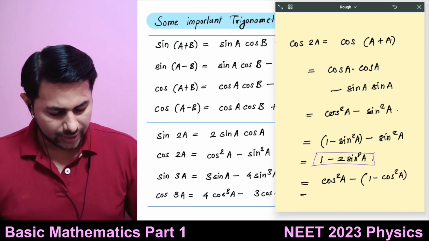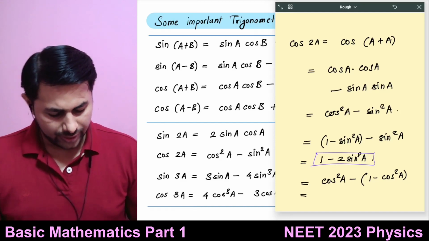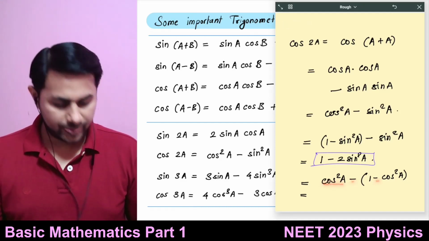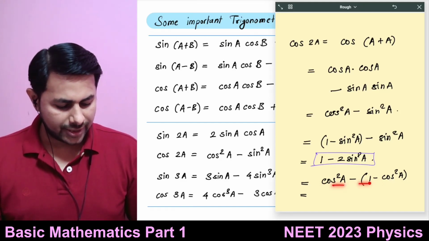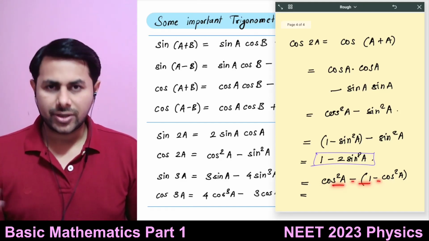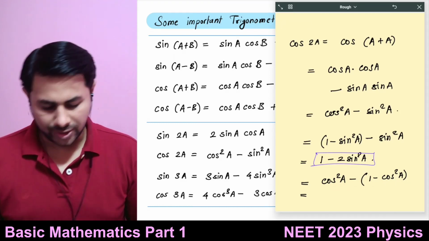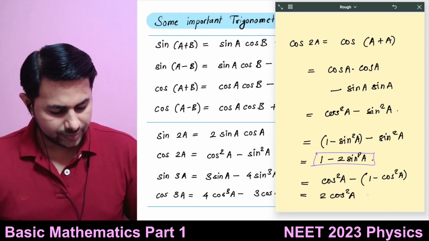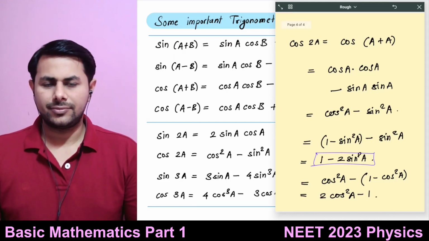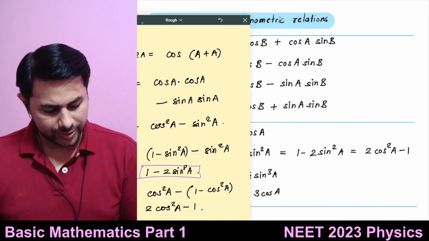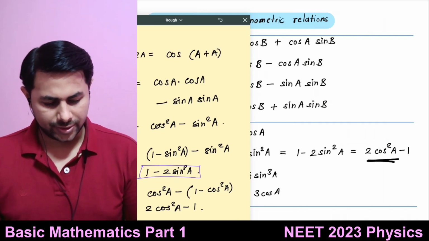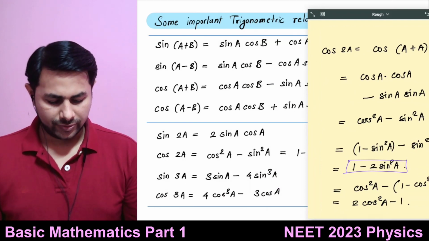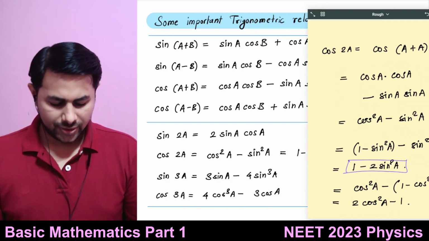That is cos square a, and minus minus becomes plus, so cos square a minus 1 plus cos square a, that is 2 times cos square a minus 1. So we got this formula also. Similarly we can find sin 3a, cos 3a.